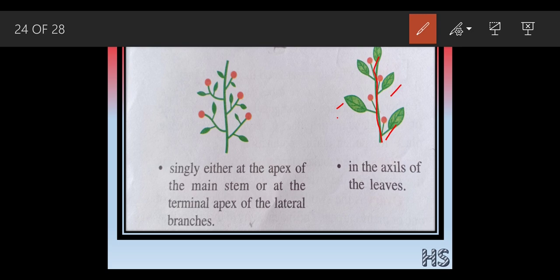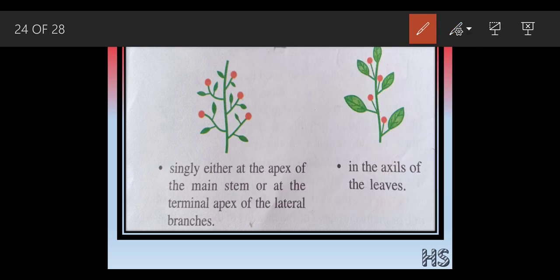Okay, see these leaves, and between this stem and these leaves, there is one flower that arises from the same point, like from here. This is called the axil. The angle which is made by this stem and this leaf is called the axil region.